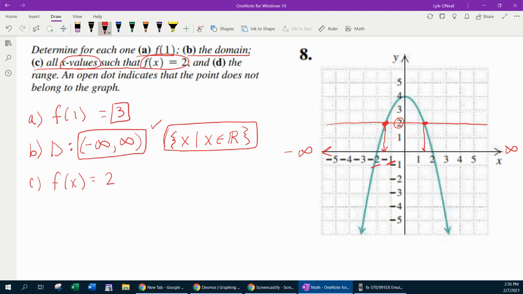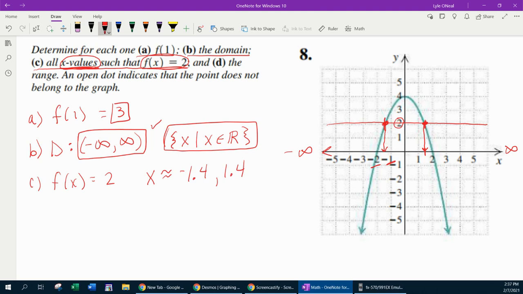So we're going to have to estimate here. So this graph is at a height of 2 at, and I'm going to use the approximate symbol, approximately -1.4, because it's not quite at a half, and then the other one's going to be at +1.4.